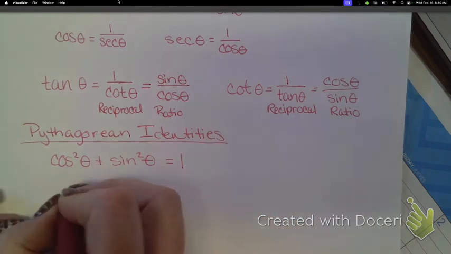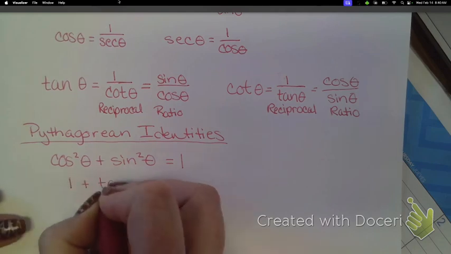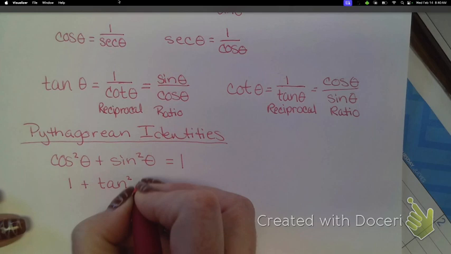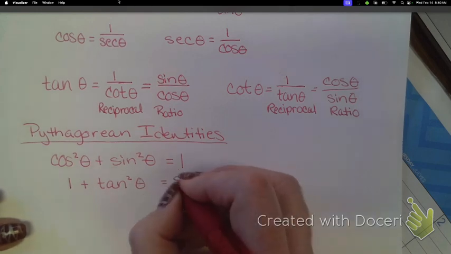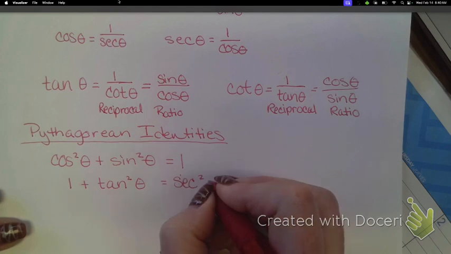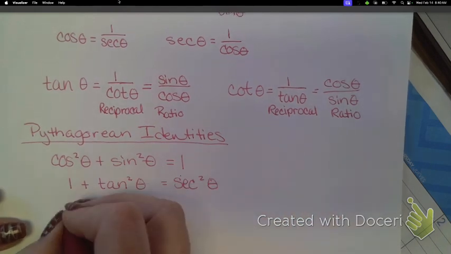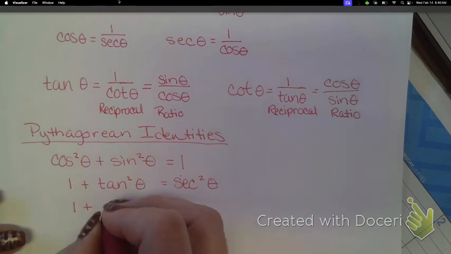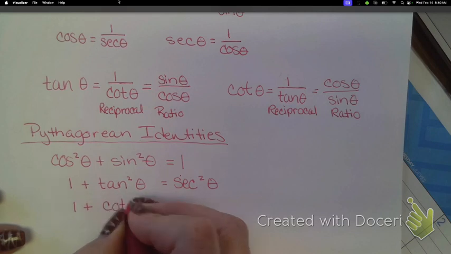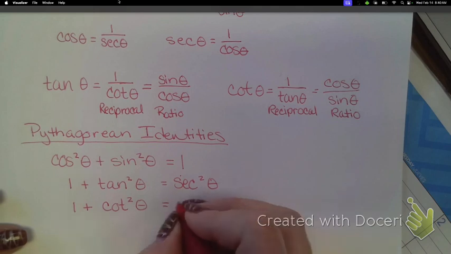And the next one? 1 plus tangent squared of theta equals secant squared of theta. And then 1 plus cotangent squared of theta equals cosecant squared of theta.